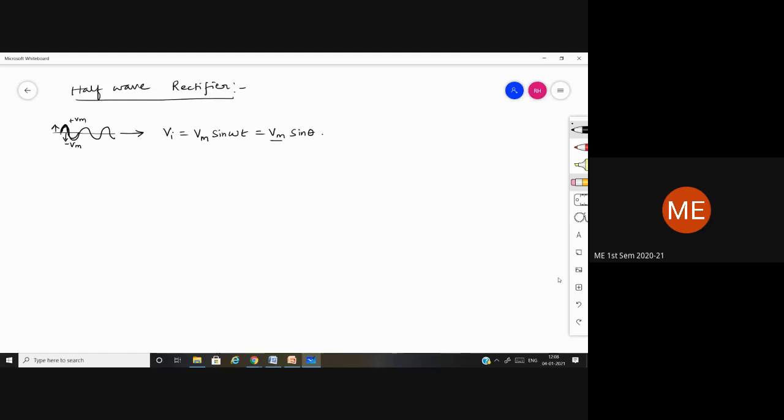I have already explained what Vm, sine and omega are in the last class itself, so we directly move on to the derivation. Whenever you take a signal like this, this is our input signal Vi.